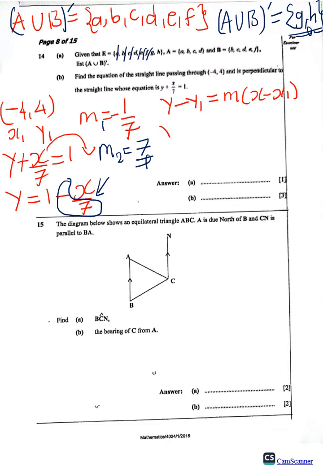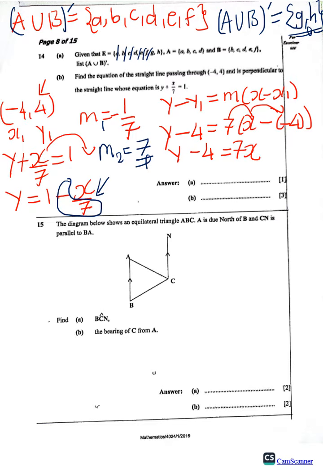So we can say now y minus our y1, we can see we have 4, then 7 times x minus x1, that is negative 4. So y minus 4 is equal to 7 multiplied by x plus 4. So 7 times x is 7x.